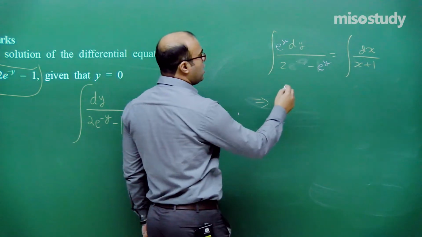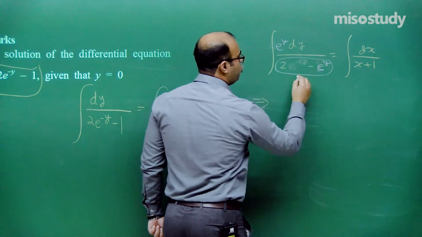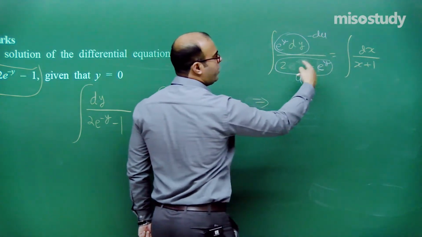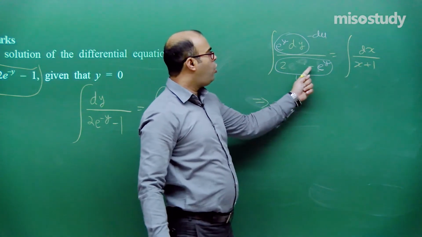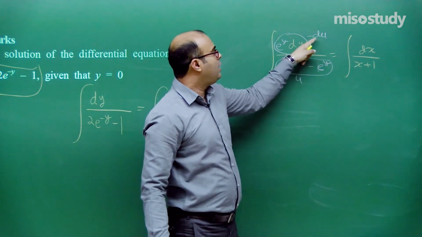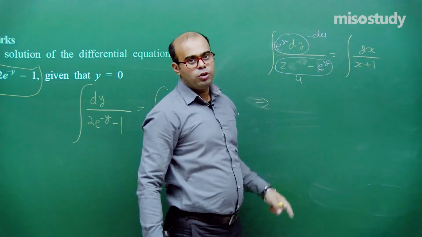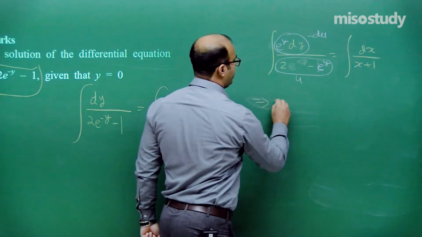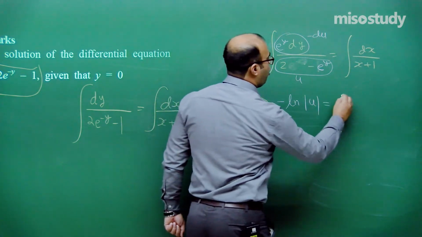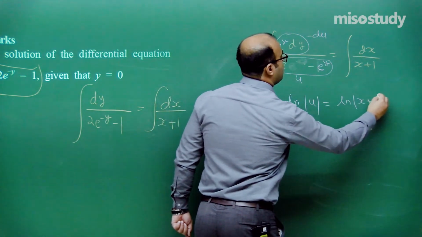One more thing, if you consider this as u, this particular thing is minus du. When you differentiate this, 2's derivative will be 0 and its derivative is minus e^y. So with a minus sign, this term is actually du. So when you integrate this, you will get minus log of mod of u, which is equal to log of mod of (x + 1) plus c.